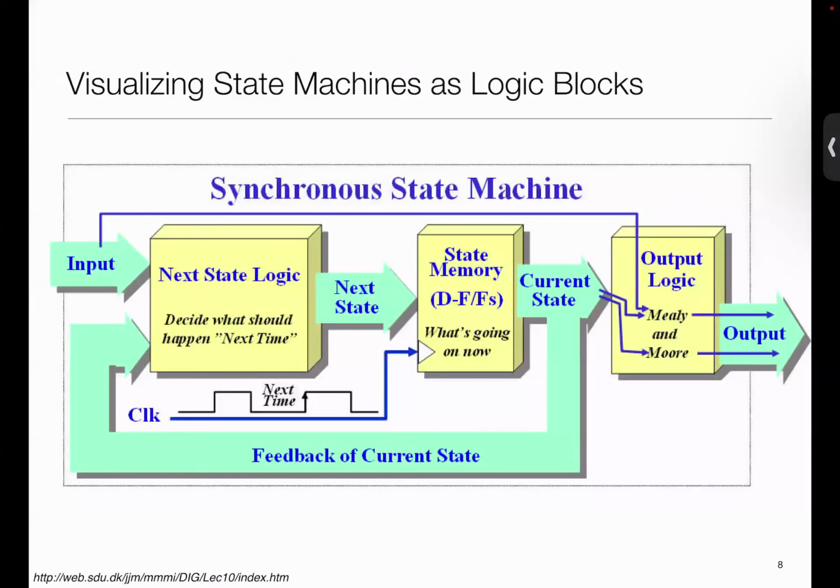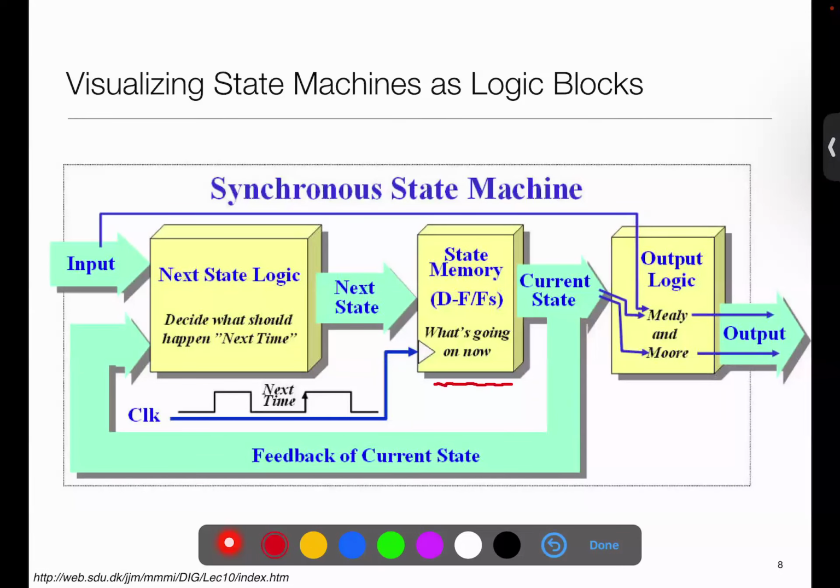Okay, so that's the graph formalism. And then separately, we have seen this logic-based approach. And again, I've sort of drawn it yet another way. So imagine my state is being stored in the state memory, the state register, D flip-flops. Basically it is capturing the state, right? The current state.